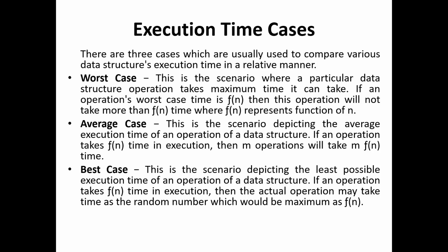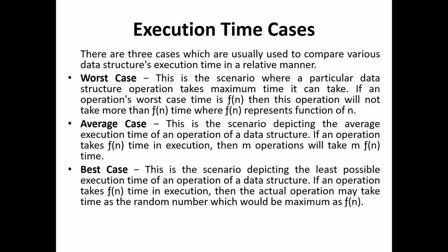For example, when you search an element till the end of the list, each element has to be searched in a large list, so it takes a lot of time. For such cases we define the worst case execution time.